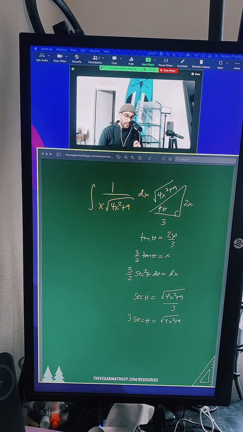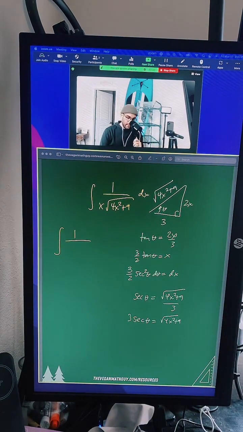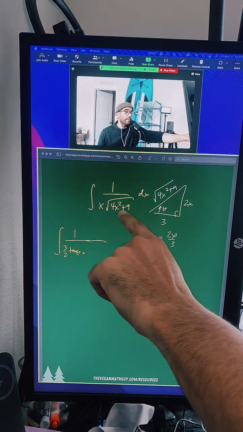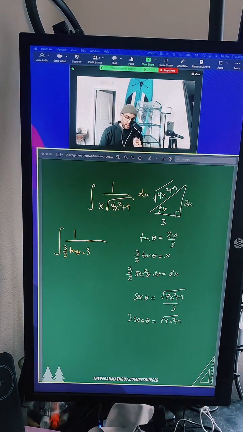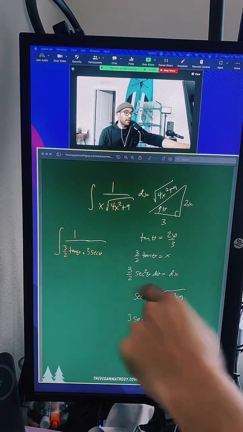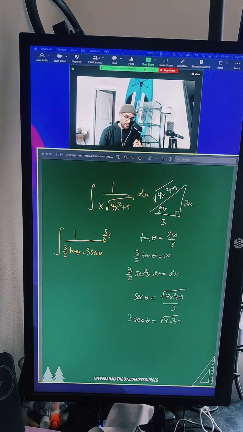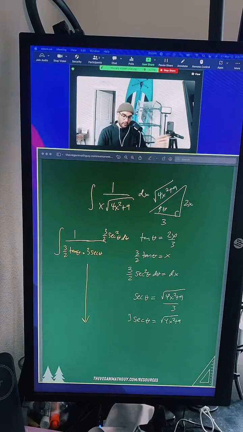Now we're going to rewrite our integral. We have 1 over the x value, that's 3/2 tan theta, times the root, which is 3 secant theta, and then times our dx, which is 3/2 secant squared theta d theta. You'll notice that the 3/2 cancel out.